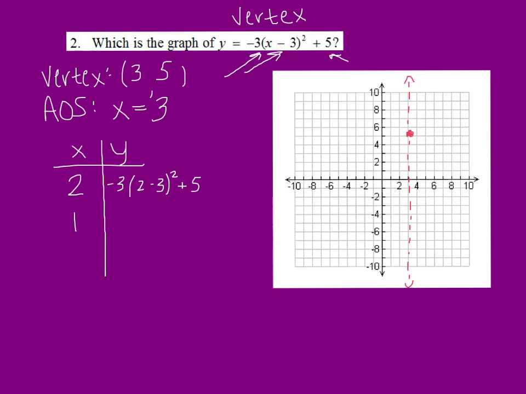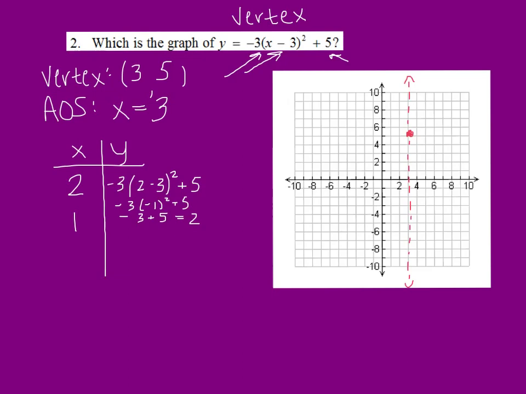Okay, so let's see what that gets us. 2 minus 3 is -1. And if I square that -1, that becomes +1. +1 times -3 is -3 plus 5 is equal to 2. So my point is 2, 2.